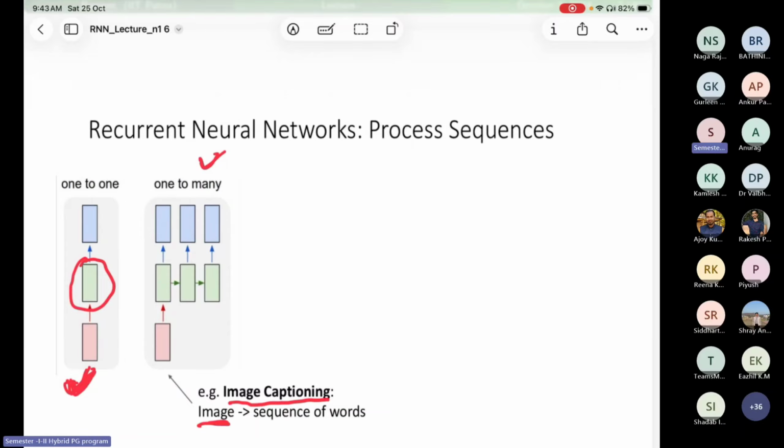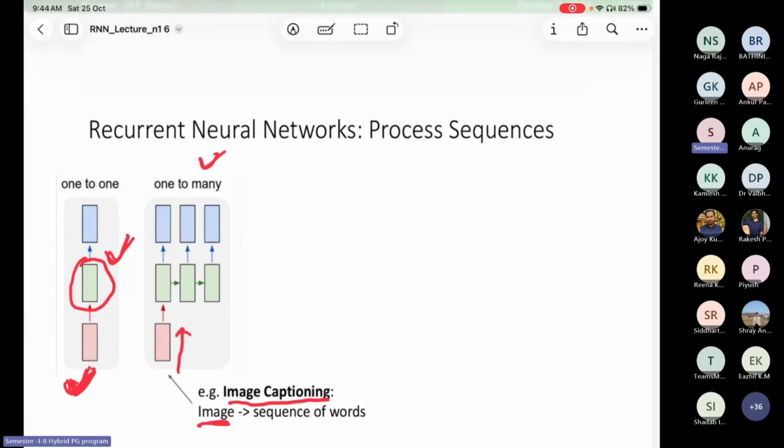So that means the model has to predict a sequence of words. This means it should have multiple outputs, where one output gives you one word. If you have this type of problem, again, a simple vanilla network will not work.